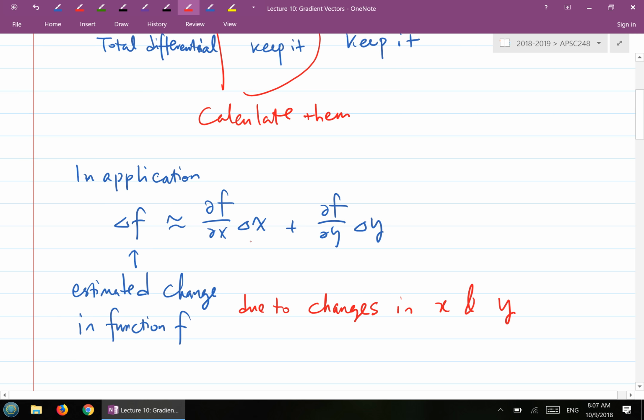That's what delta x and delta y mean: the changes in x and y. You have a small change in x and a small change in y, and then approximately how much change in the function f. This is the formula you can use to estimate that change.